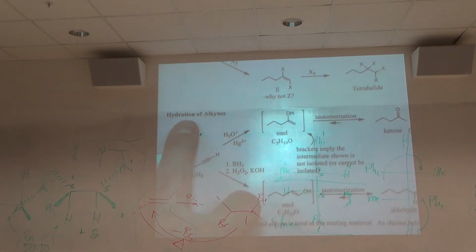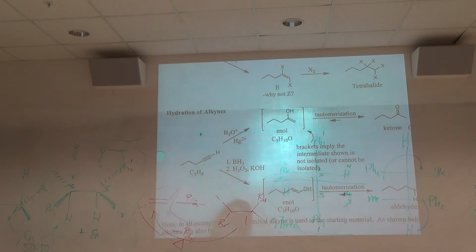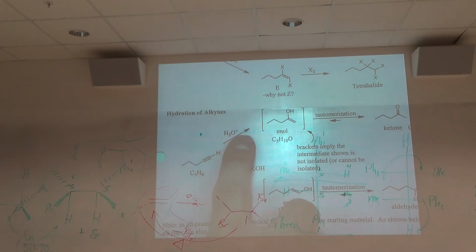We can also hydrate the alkyne, react it with water. Here's our hydroboration. We know how that reacts. The pi bond attacks boron, then it throws the H. Okay? It's the same mechanistic stuff, it's just you have two pi bonds. We can react with hydronium ion, water, and acid.